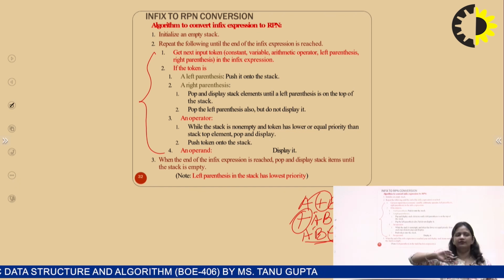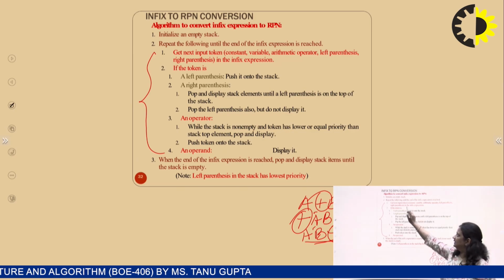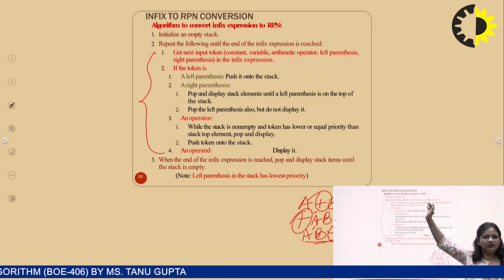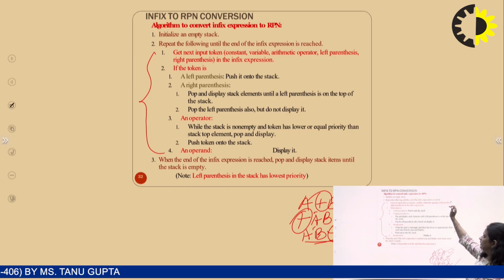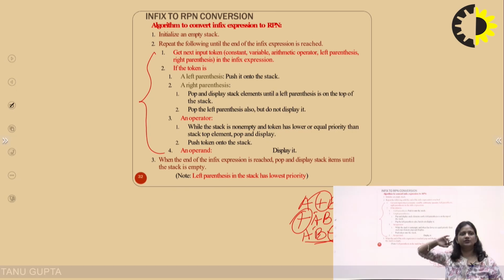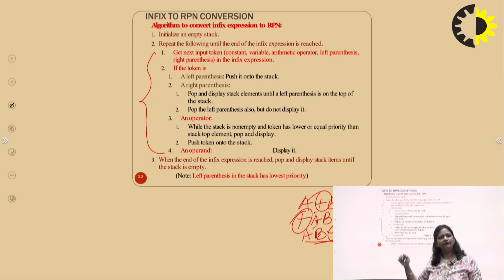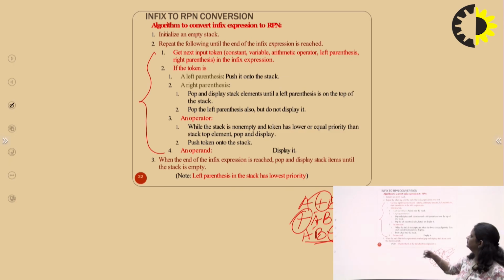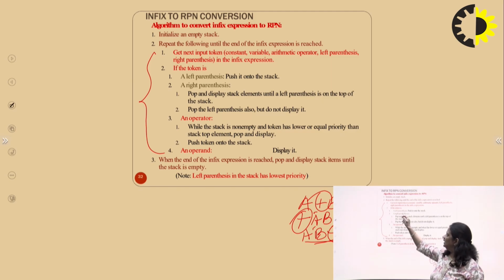So get the input token, which can be a constant, variable, operator, left parenthesis, or right parenthesis. If we encounter a left parenthesis, push it onto the stack.